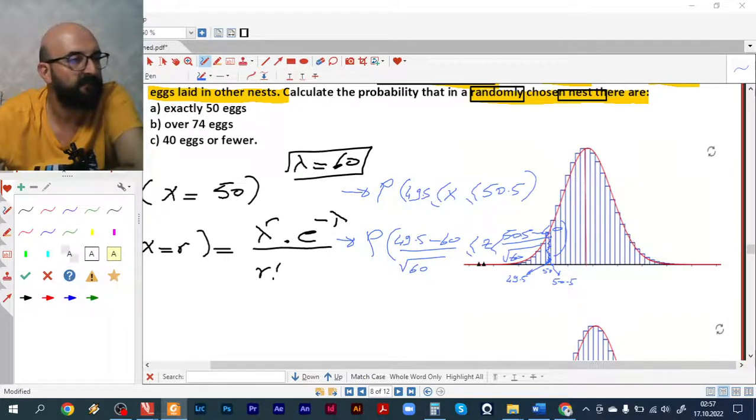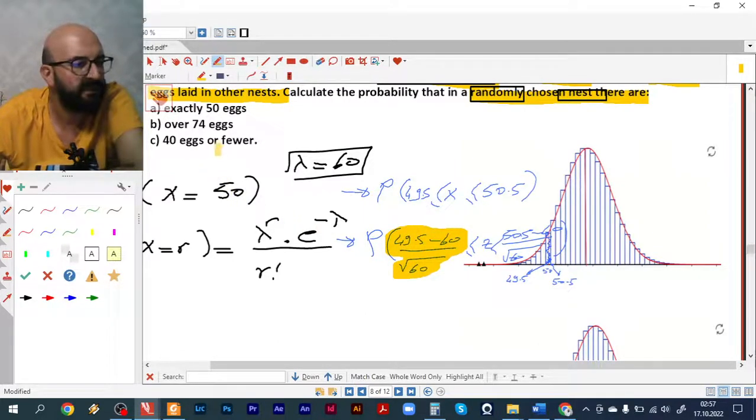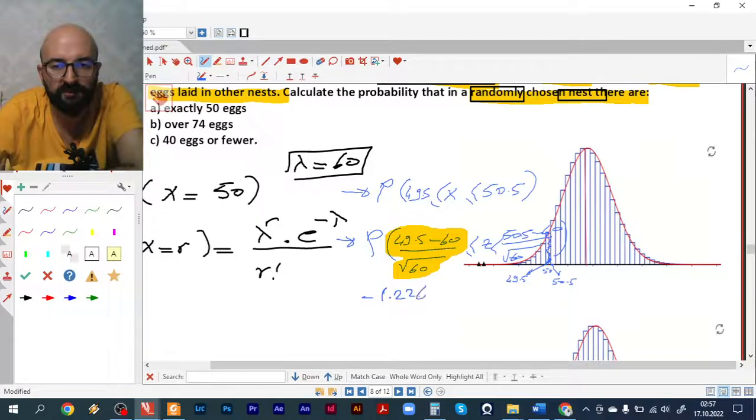The result of this section is minus 1.356, and the result of this section is minus 1.226.